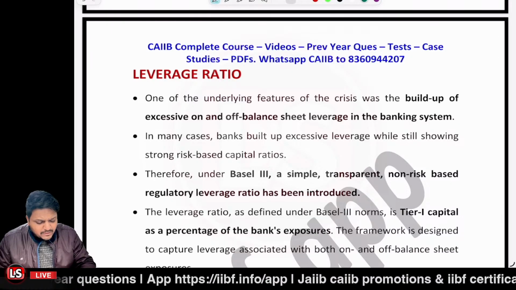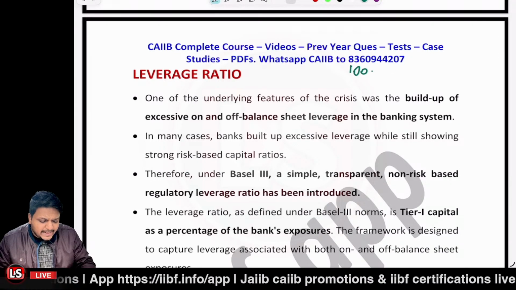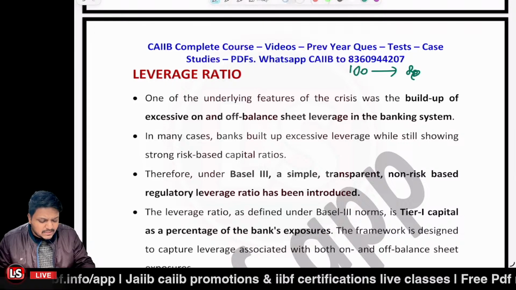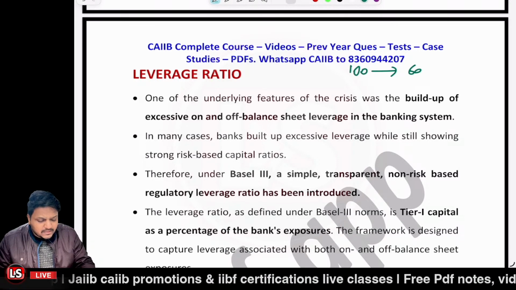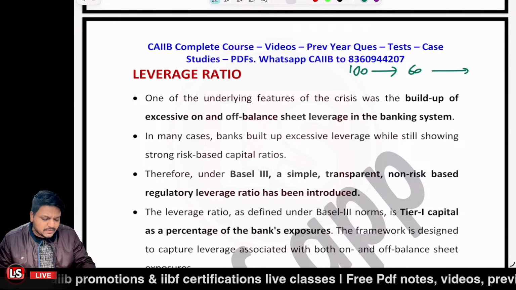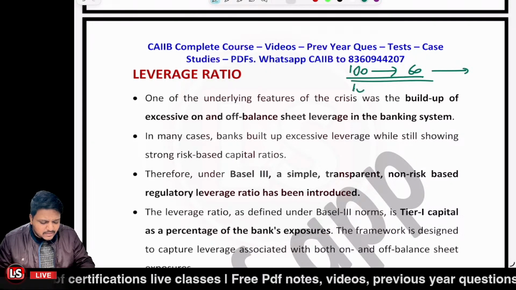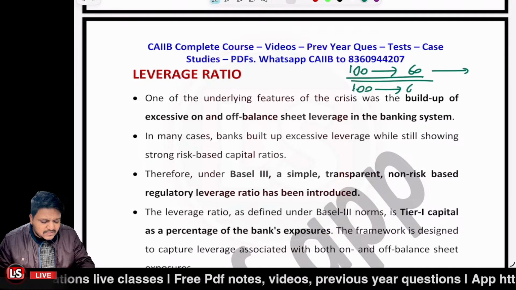If you have rupees 100 with you and you lent rupees 80 out of it, or let's say rupees 60, then it's all fine. But let's take the case that you have rupees 100 and you lent rupees 60 out of it.